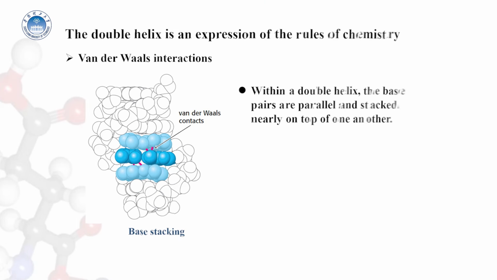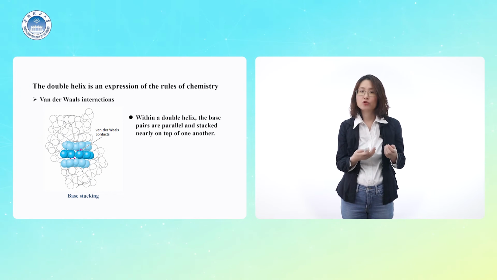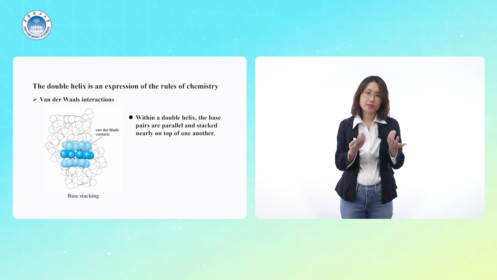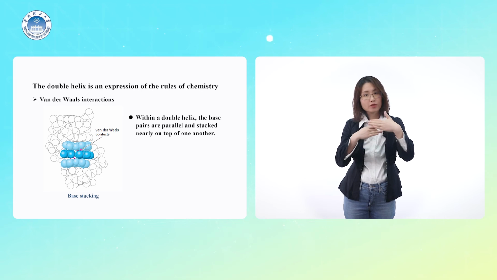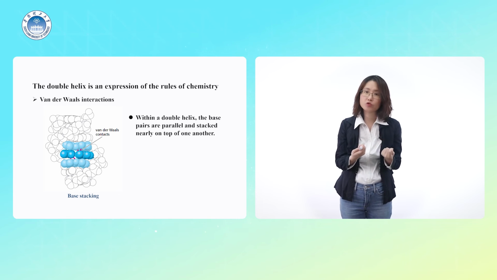The van der Waals interaction. Within a double helix, the base pairs are parallel and stacked nearly on top of one another. The typical separation between the planes of adjacent base pairs is 3.4 angstrom, and the distance between the most closely approaching atoms is approximately 3.6 angstrom.